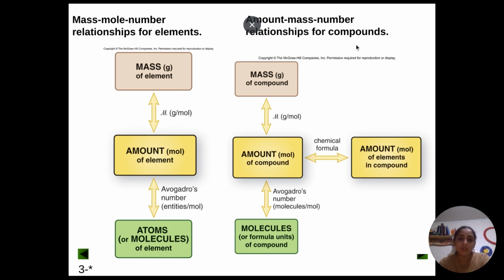And then the mass-mole-number relationship for compounds. Elements are just one type of element, and compounds are multiple elements put together, whether the same kind of element or different elements. So you have to find out each individual mass, and you get the mass of the compound, your fancy M. Then the amount of moles of the compound, and the amount of moles of elements in a compound.